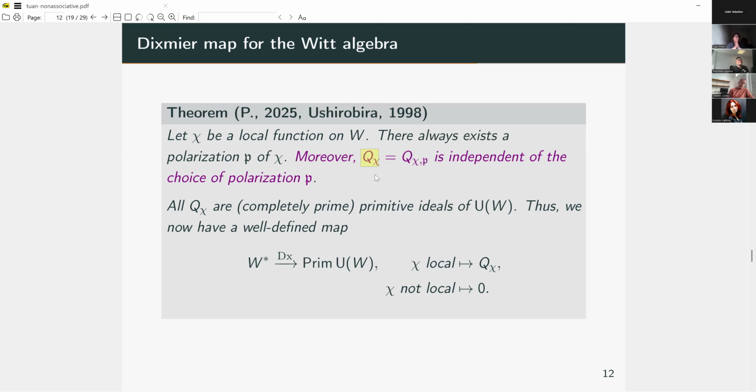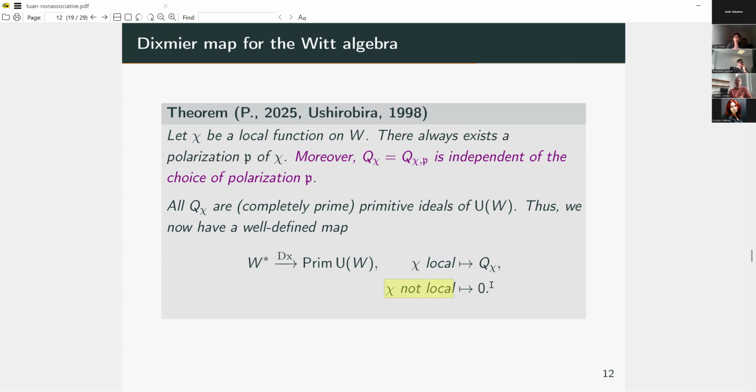Now all Q chi are completely prime ideals of U of g. So we prove that, in particular, the recipe does what it says: it gives us a primitive ideal of U of W. Thus we have now defined a map from W star to the primitive spectrum of U of W, where I send a local function to Q chi, the annihilator, and a non-local function to zero.